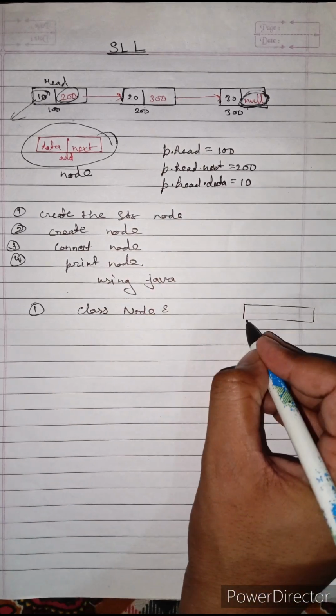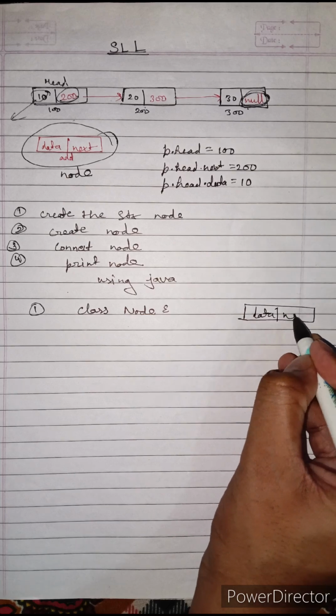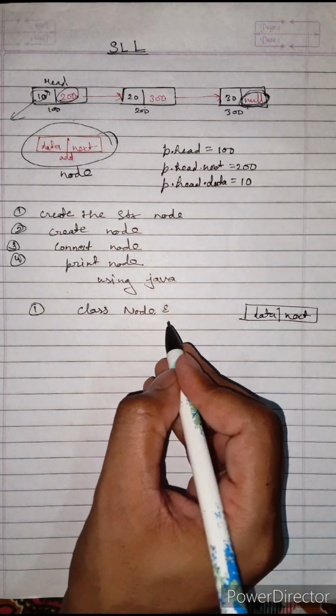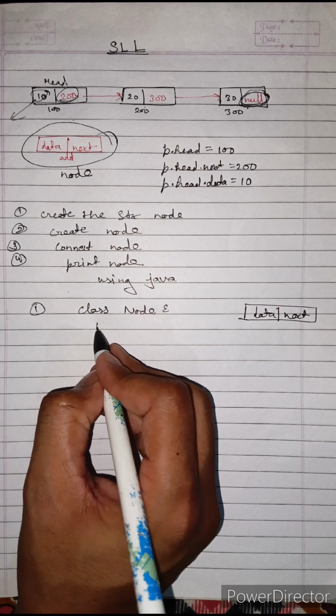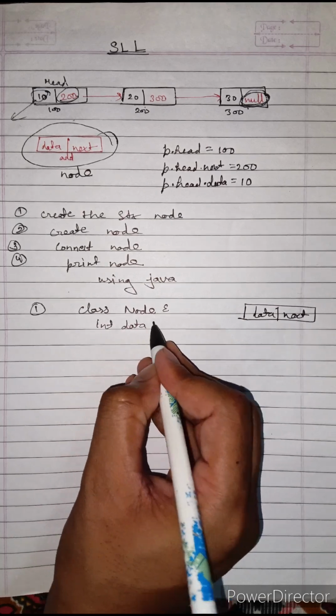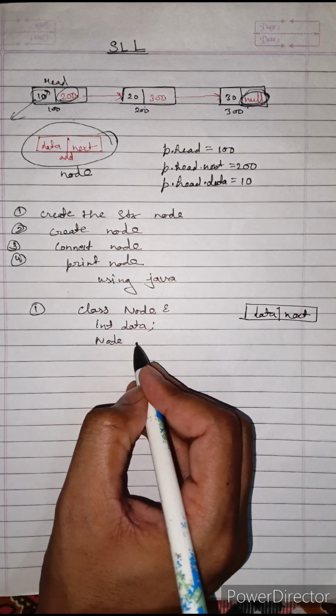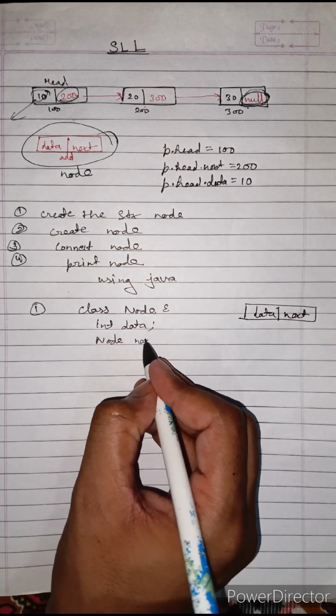You can see this is a node: the first value contains data, the second value contains next. I want to store the data as an integer type, so I declare the variable as an integer, and the node contains the address of the next node, so Node next.